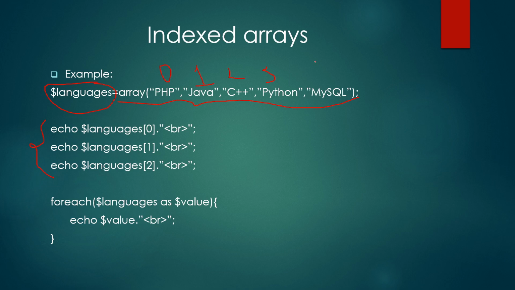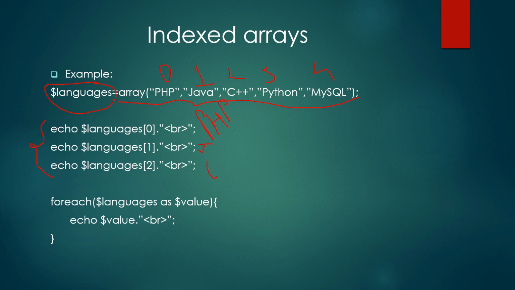So basically the indexing of an array always starts from 0. So that's why I have given an index 0. So here in this case, PHP will be printed. Now in this case, Java would be printed, and in this case, C++ would be printed.